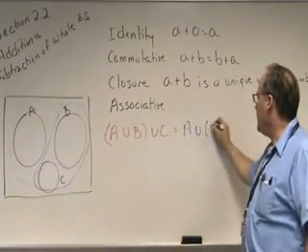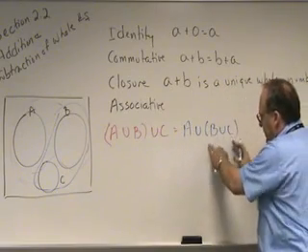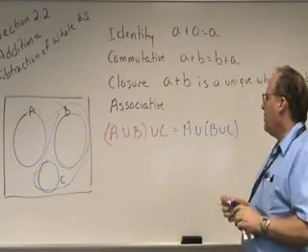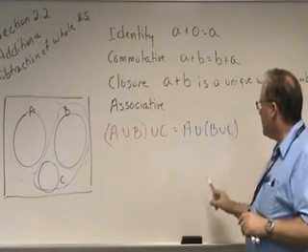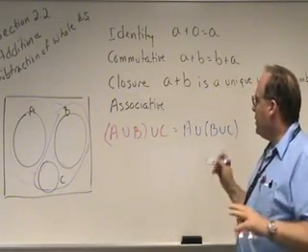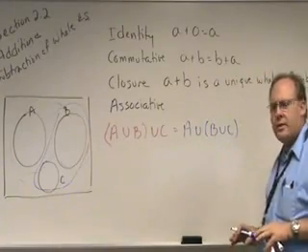So A union B union C. This parenthesis indicating that B and C were put together as a group before being combined with A. Well, then you can see that this and this are the same.